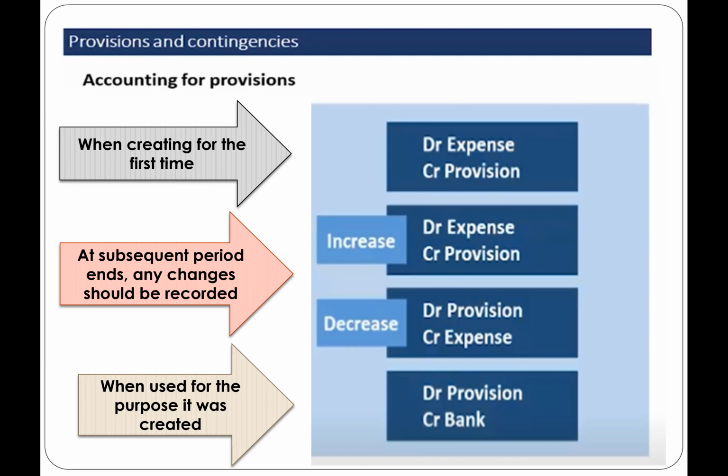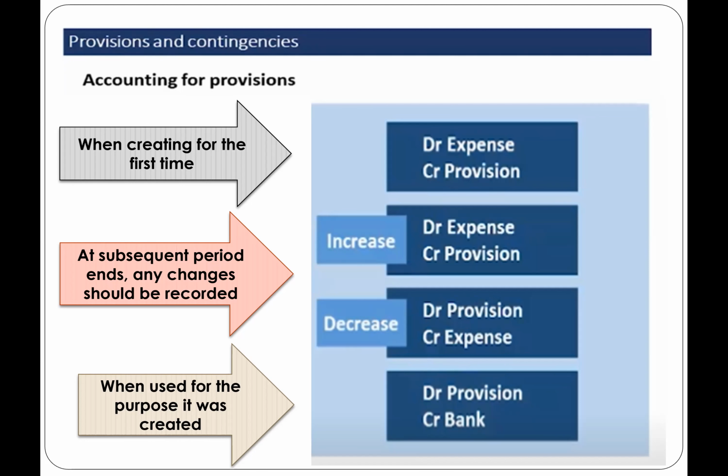So if the amount is, say, now 8,000 instead of 10,000, we then need to reduce the provision figure by 2,000 to make it 8,000 by debiting provision with 2,000, crediting expense with 2,000, so that the provision now remains at 8,000. And when it comes to the end of the 4th month, we simply debit provision with 8,000, credit the bank with 8,000, and then the provision account will go back to zero.